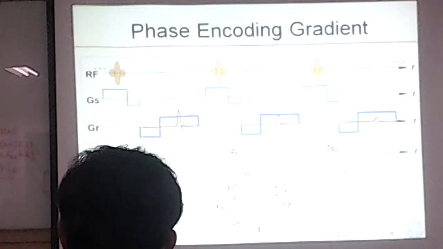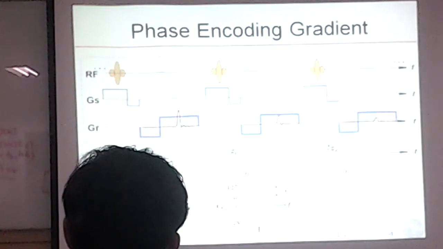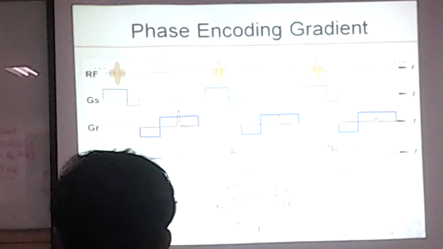Okay. So for zero phase encoding gradient, the signal is very large. So the maximum signal is obtained using zero phase encoding gradient. But for non-zero phase encoding gradient, the signal reduces depending on the phase encoding gradient area. For a large phase encoding gradient area, the signal reduces more.